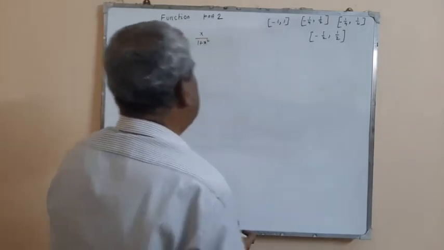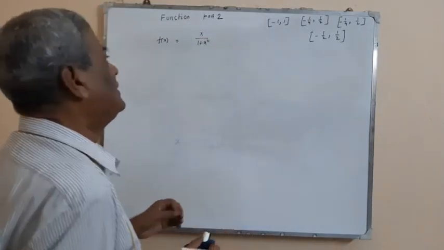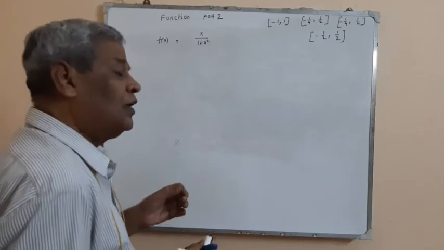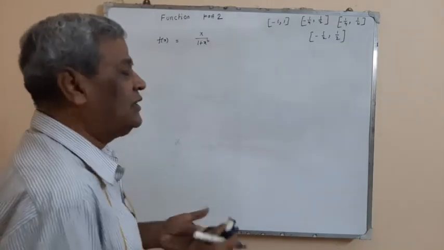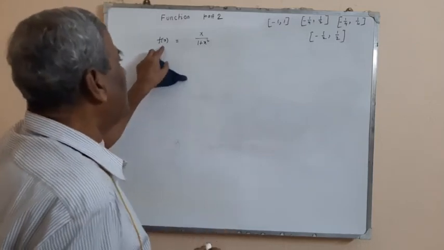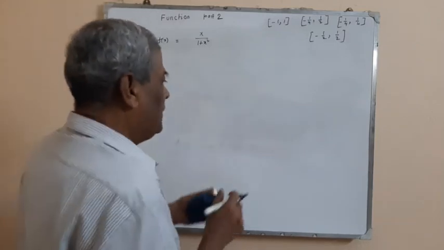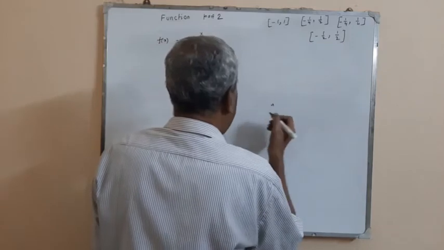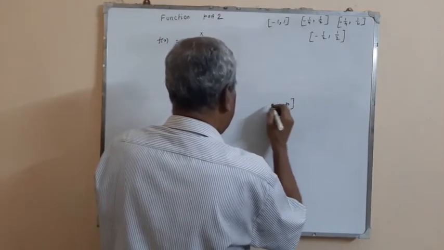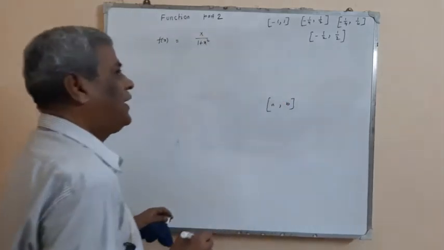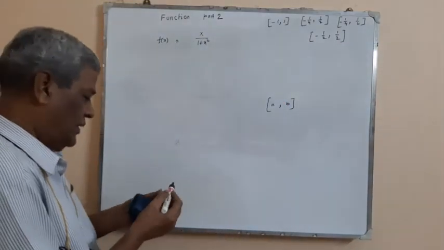Okay, range means we have to find, for all values of x in the domain of definition of the function, its minimum value and maximum value. If minimum value is a and maximum value is b, then a to b is the range of the function.